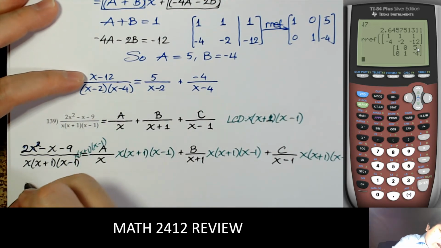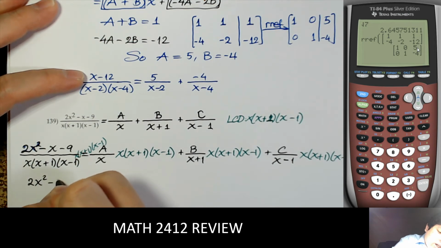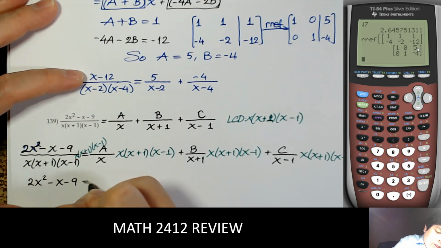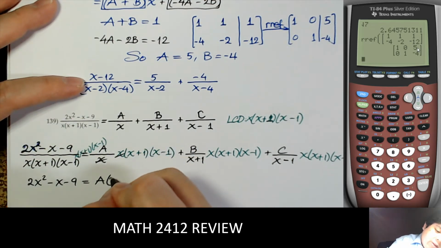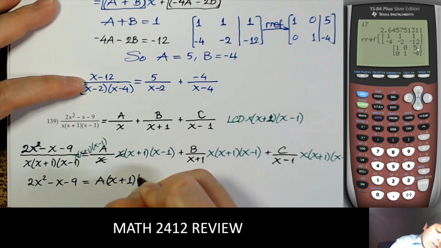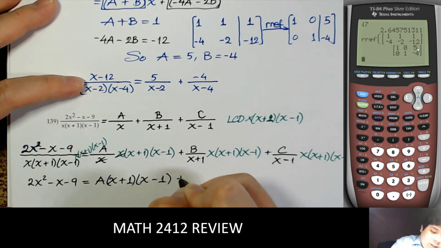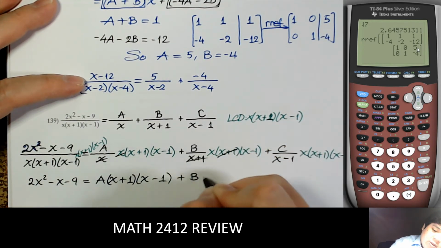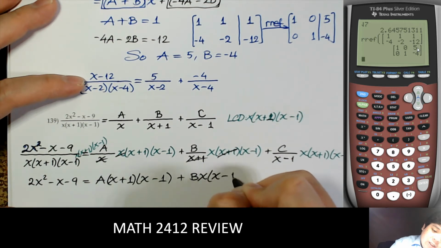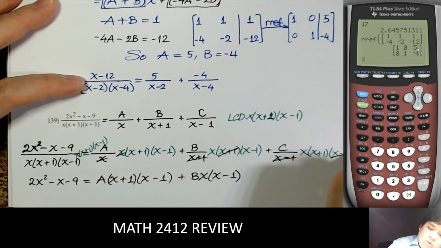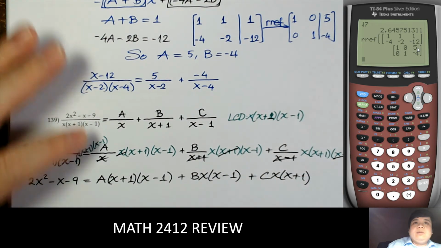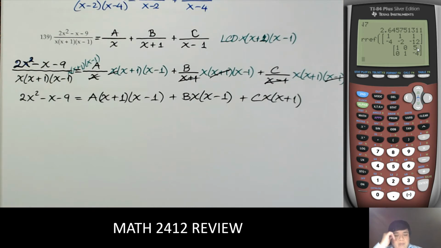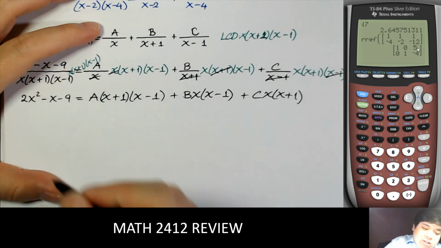So on the left side, we have 2x squared minus x minus 9. On the right hand side, the x cancels out. We have x plus 1, x minus 1. The x plus 1 cancels, the x minus 1 cancels. Now we just multiply everything out.